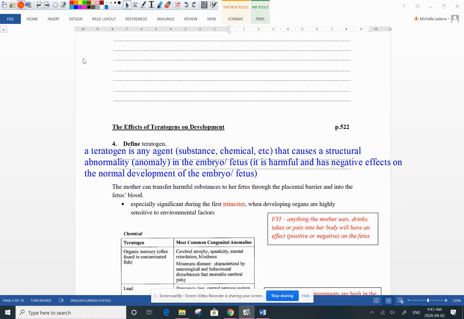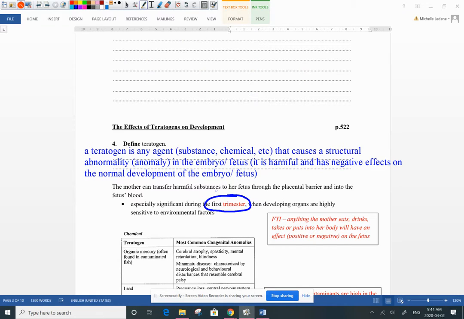That's how harmful substances, mercury, lead, alcohol, drugs, any of these things that mom takes into her body or is unknowingly exposed to, are able to get across that barrier and make it into the fetus. And most of these are going to be the most harmful during the first trimester, because typically mom may not even know that she's pregnant at that point in time.